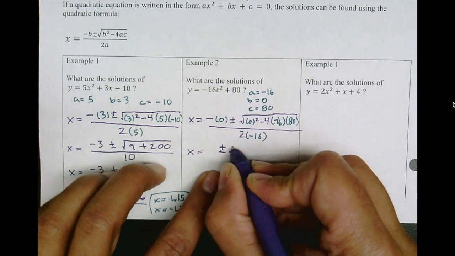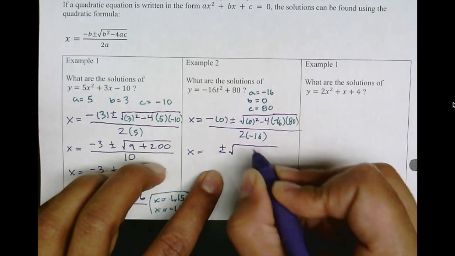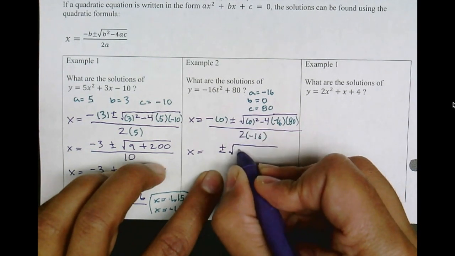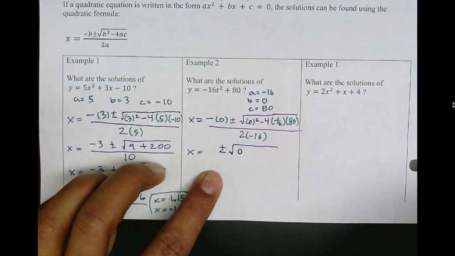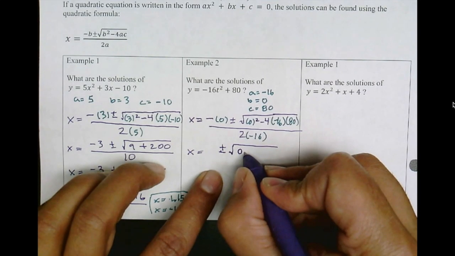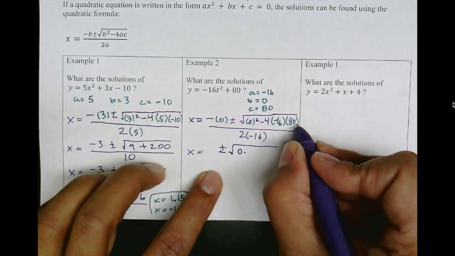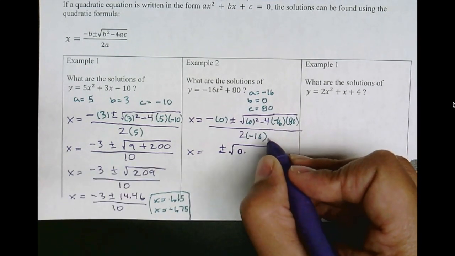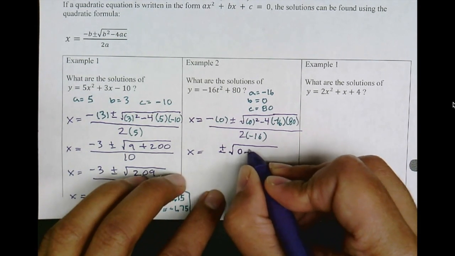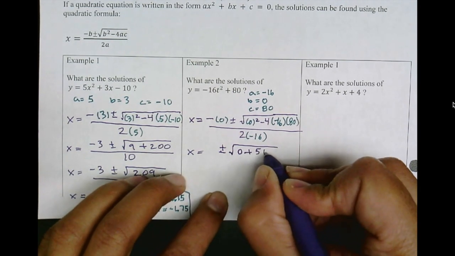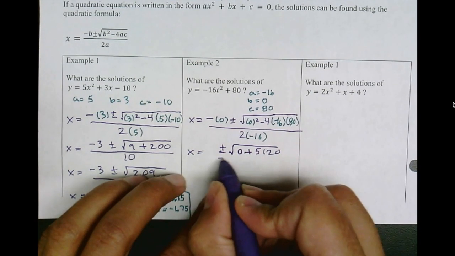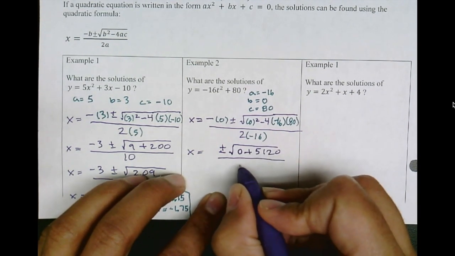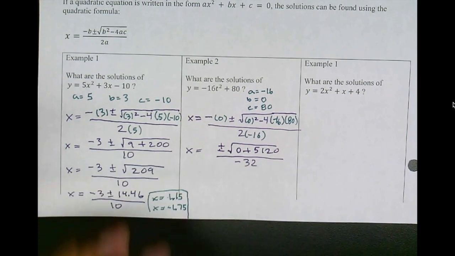We have plus or minus the square root of 0 squared. In this case, we can write that 0. Again, probably not necessary, but when you multiply these three values out, the two negatives do make this a positive, and that becomes positive 5,120. That's all divided by 2 times negative 16, which is negative 32.